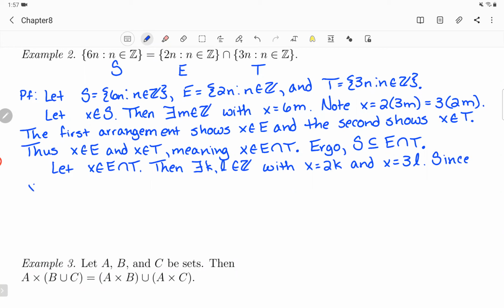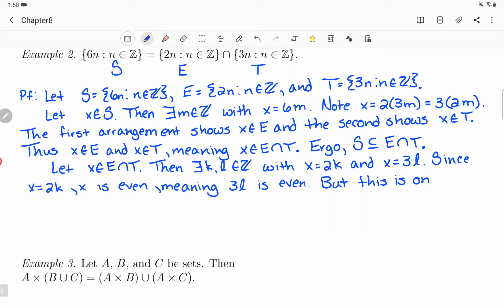Since x equals 2k, x is even, meaning 3L is even. But this is only possible if L is even.